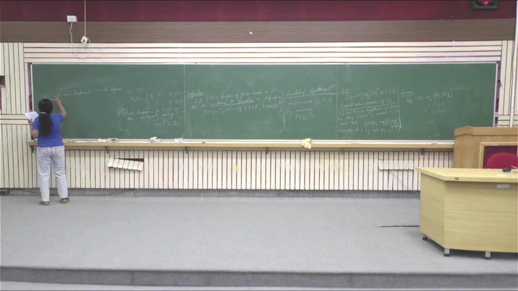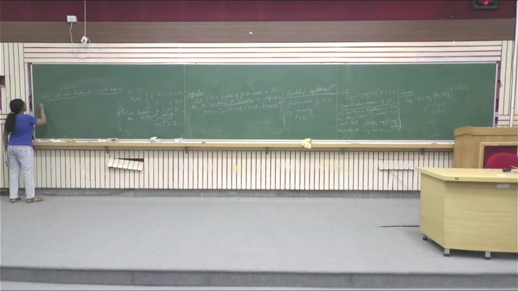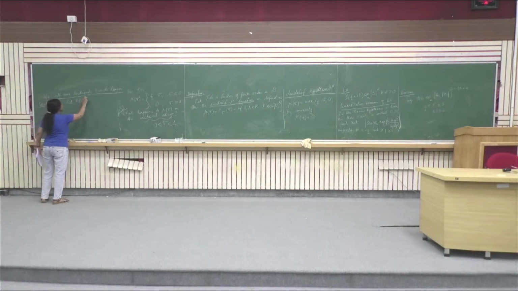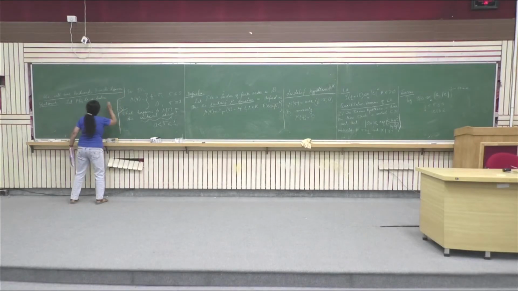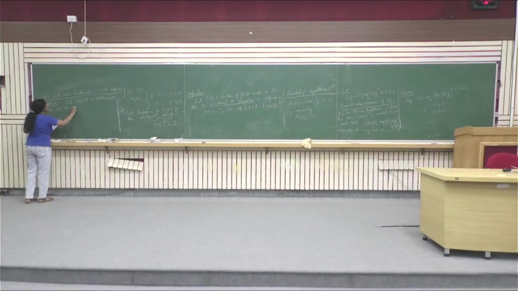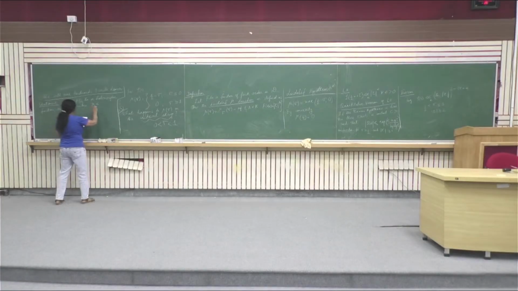The statement is that if I take f of s to be a holomorphic function on the annulus R1 less than or equal to absolute value of s less than or equal to R2.